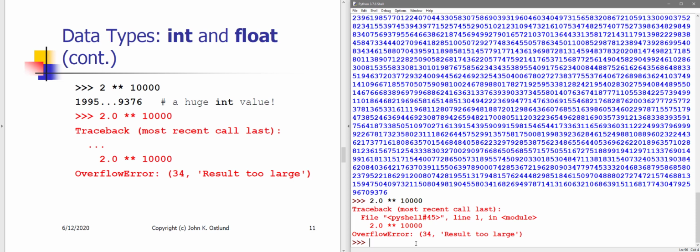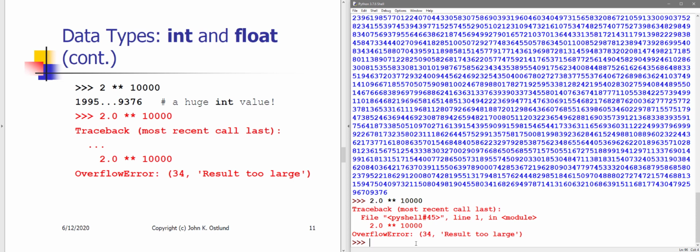Ints have the advantage of being able to represent arbitrarily big or arbitrarily negatively big, if you will, integer values to thousands or even millions of decimal places. On the other hand, an integer value can never have a fractional part.